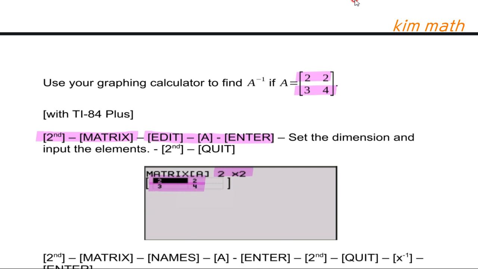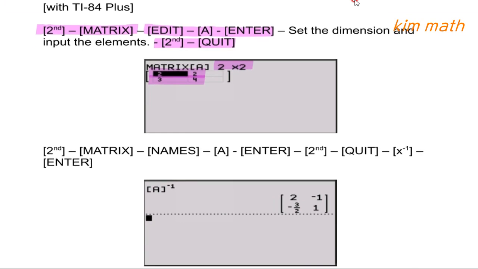Exit this matrix by pressing second button and quit. Now call the matrix one more time. In this case not edit, names, and choose A, and enter, and exit the matrix. In this case you have only this one on your screen.